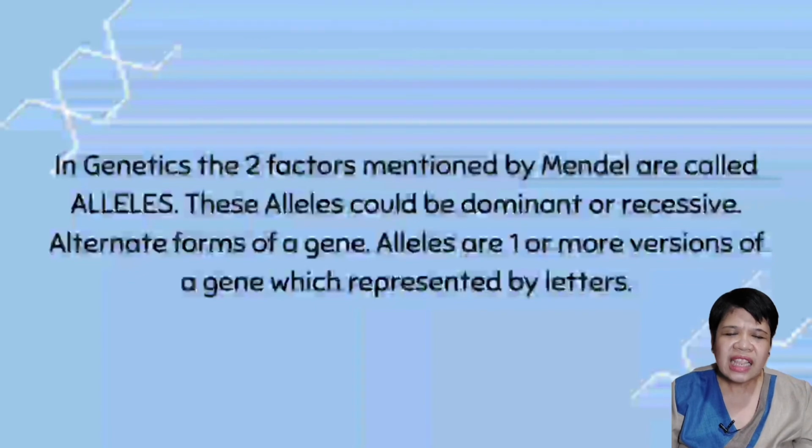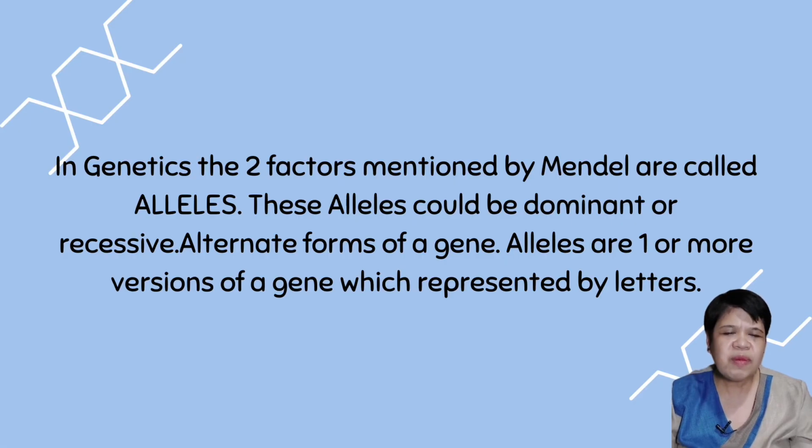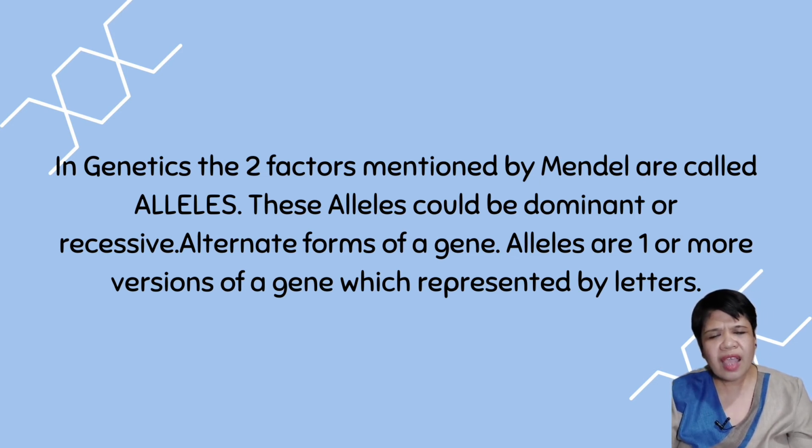Alleles. These alleles could be dominant or recessive, alternate forms of a gene. Now, what are alleles? Alleles are one or more versions of a gene which are represented by letters, a pair of factors that control the appearance of a particular trait.